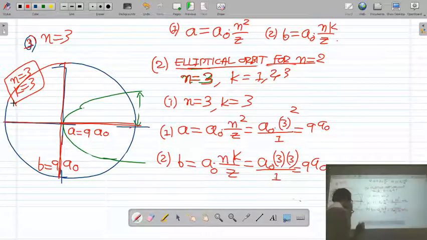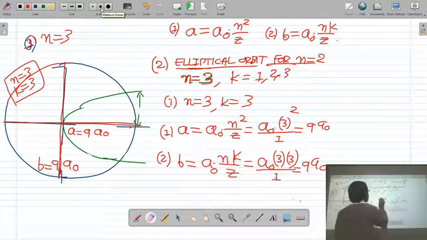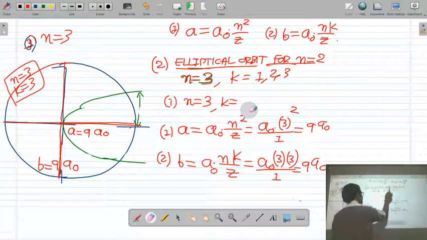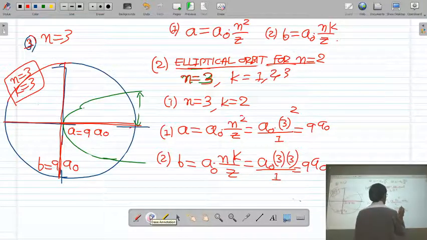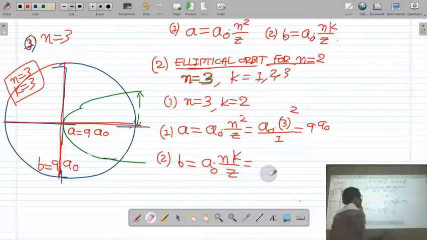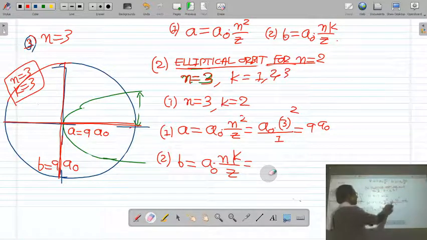Okay, now if you take n is equal to 3 and k is equal to 2, your semi-major axis A will be a0, n is 3 square, that is 9, z is 1.